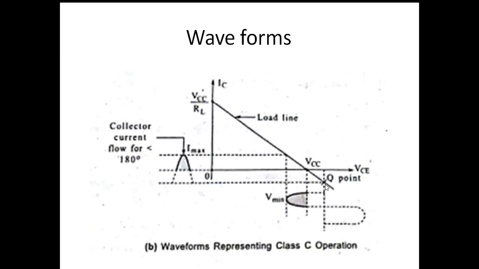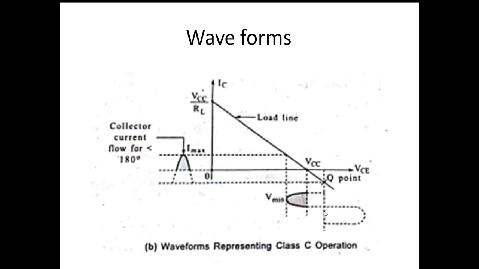Here this is the Q point. The selection of Q point is here. Of course, this is below the cutoff region, sorry, in the cutoff region. This is the total signal from here to here. This is the total half cycle. This is the remaining half cycle.